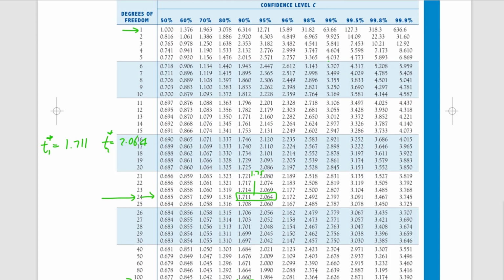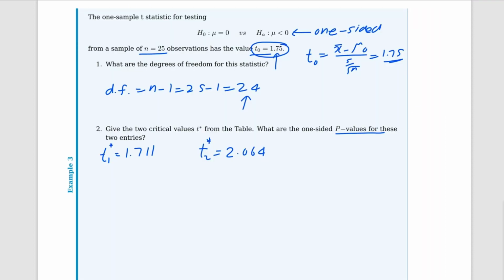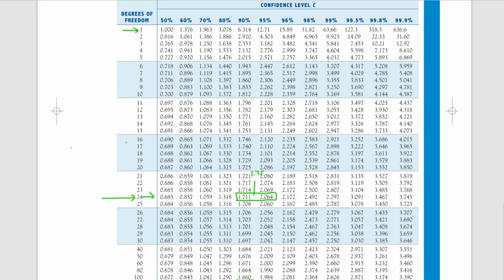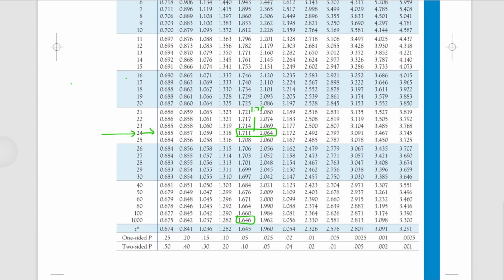To find the p-value, first you need to understand the alternative hypothesis, HA. Was it one-sided or two-sided? It was one-sided, right? Therefore, go to the bottom of the table, you see one-sided p-value, this one. Because it is a one-sided test, we consider that row.